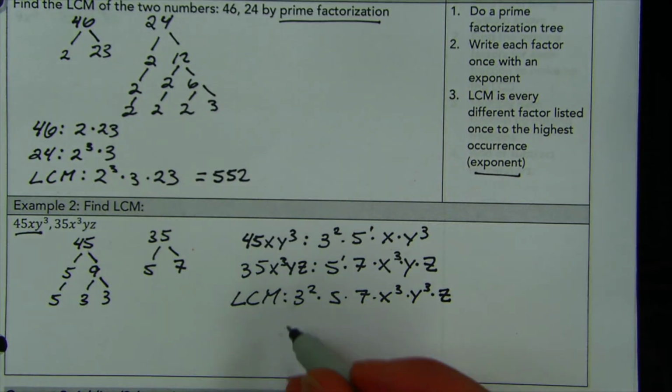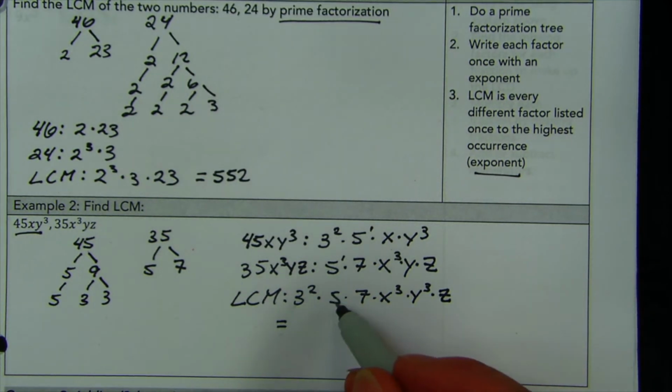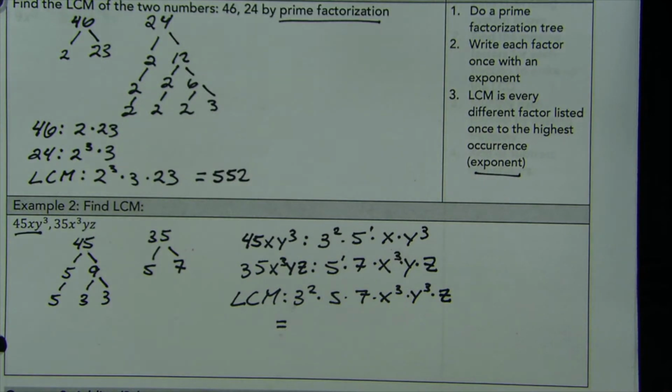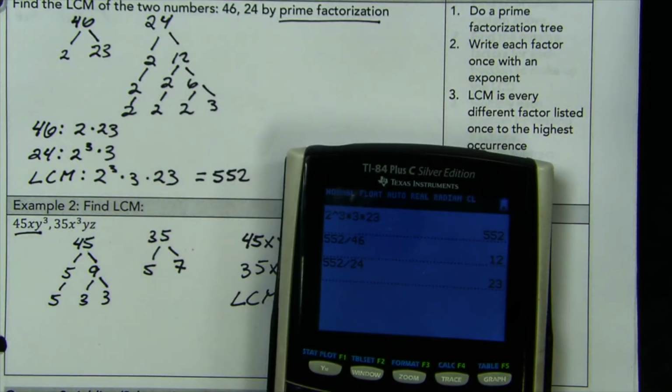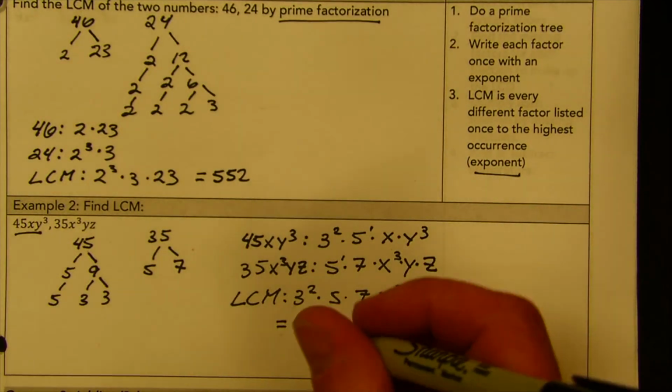Okay, so it looks like my LCM is eventually going to be 9 times 5, and 9 times 5 is 45. 45 times 7 is 315, I believe. Oh my gosh, that's amazing.